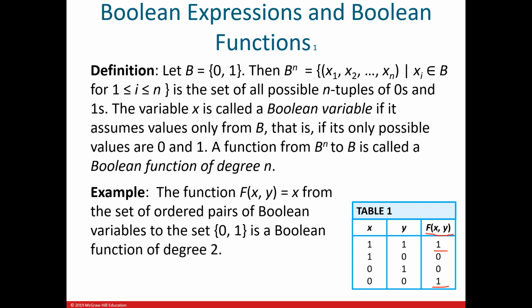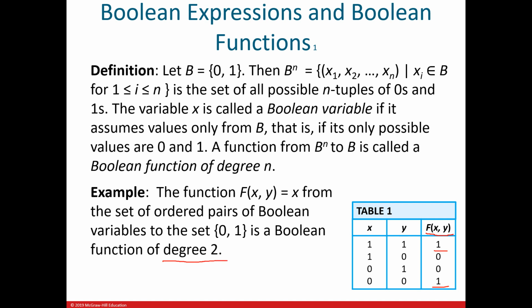A function from B^n to B is called a Boolean function of degree n. Here we have 2 variables, x and y, so this is called a function of degree 2.